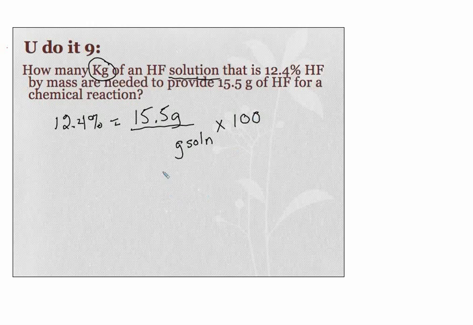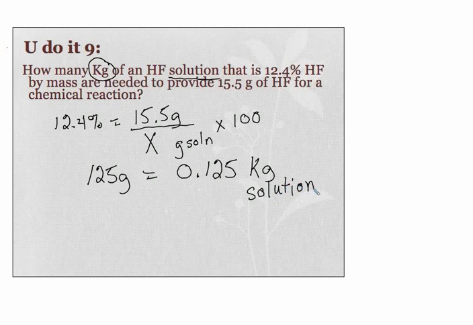And it's a percent, so it's times 100. And if I solved for my unknown there, I get 125 grams, which is going to equal 0.125 kilograms of the whole solution.